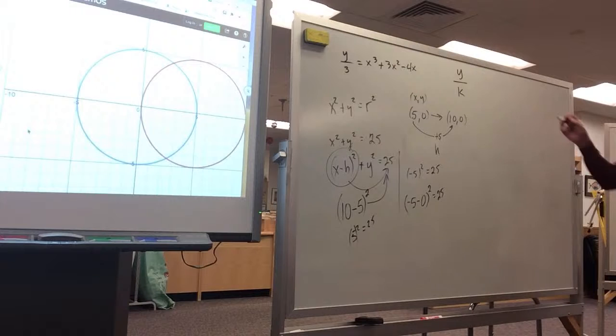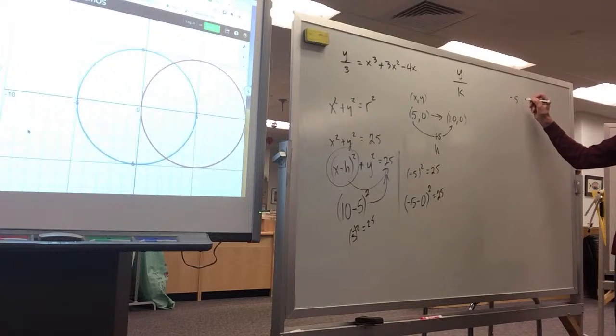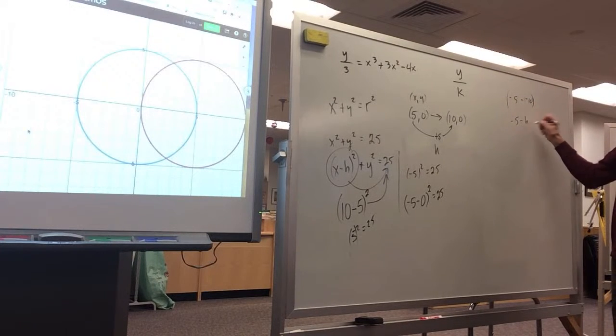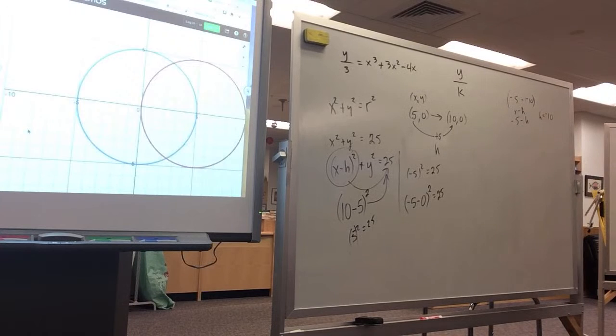Yeah, I know it is. Okay, negative 5, subtract the negative 10. So this would be like x minus h, and then h would be equal to negative 10, which would be the shift to the right. Oh, I'm sorry, the shift to the left on the graph.